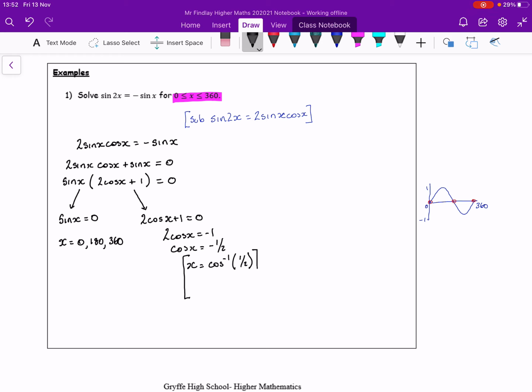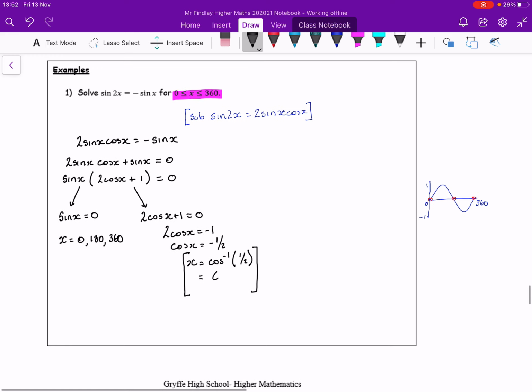Just separate this out: inverse cos of a half is equal to 60 degrees, as part of our exact values. Use the CAST diagram, and don't get lazy with our approach to our trig equation. As always, we would look at this particular diagram. Firstly, we consider our cos. When is cos positive?